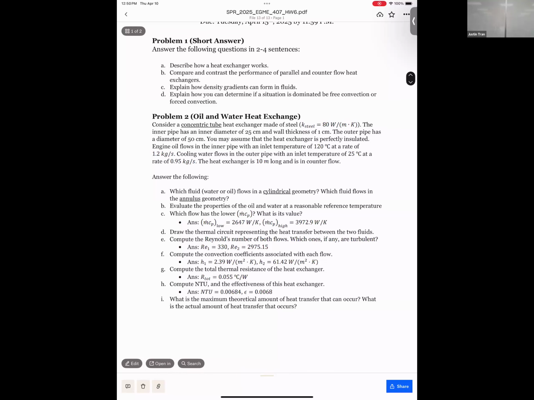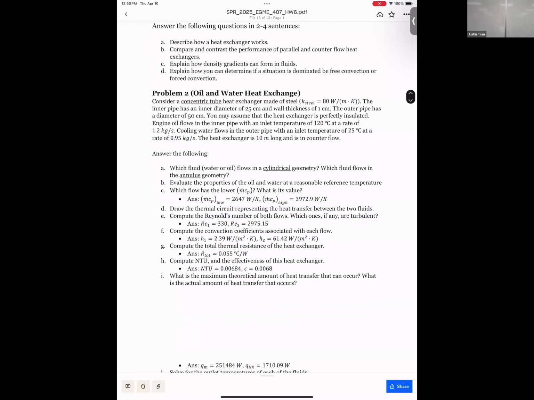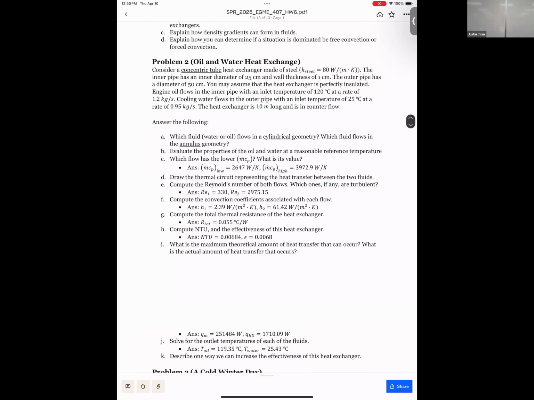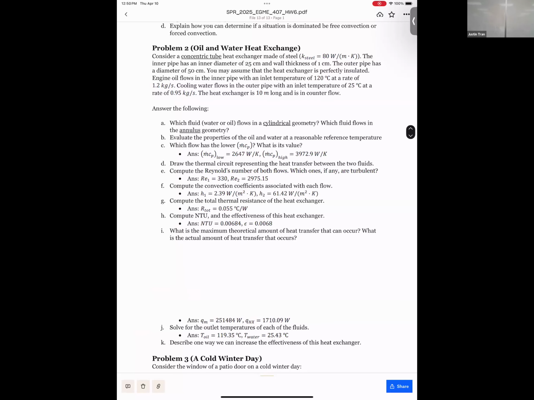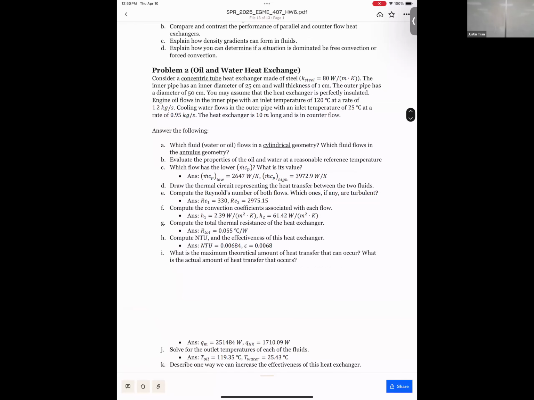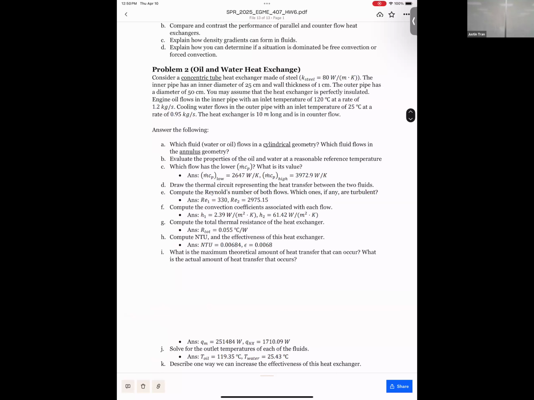Yeah, so for this one, the reason the 120 and 25 don't work is these are separate movements, right? The oil is coming in at 120 and the water's coming in at 25. For these ones, I think I may have just used 120 and 25 to compute the temperatures, because you don't know the outlet temperatures, right?